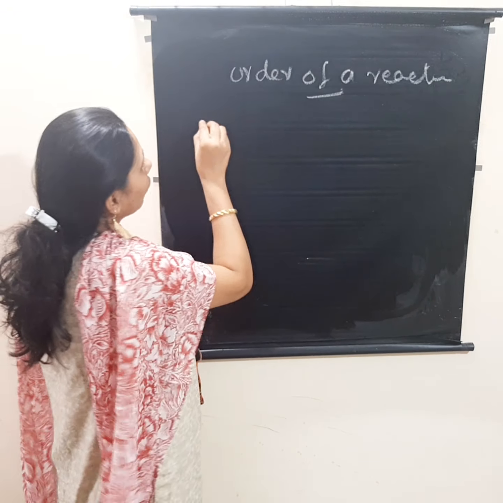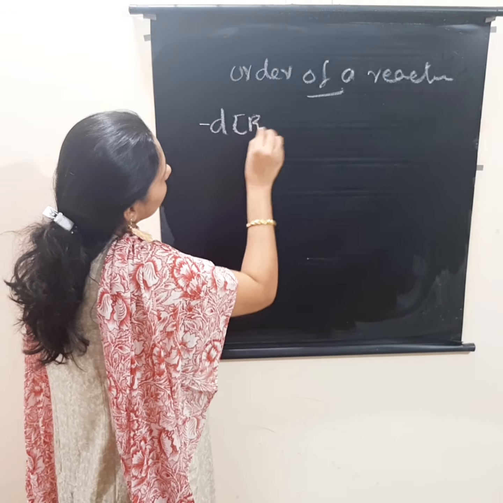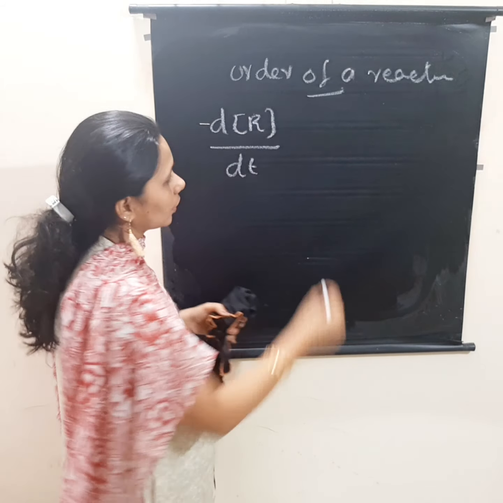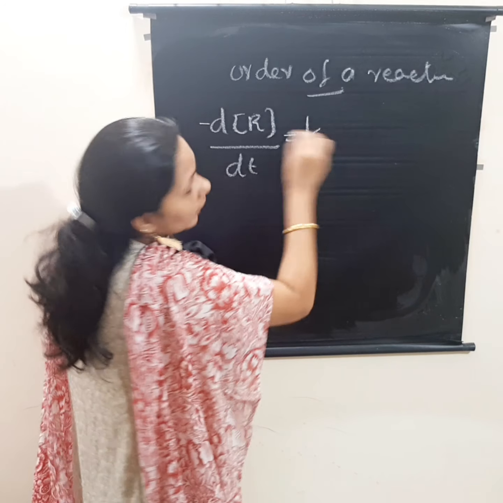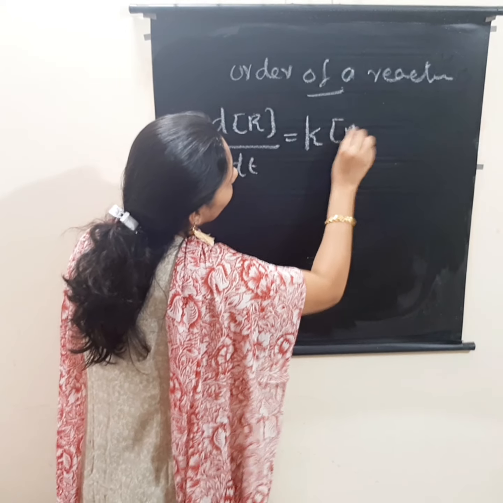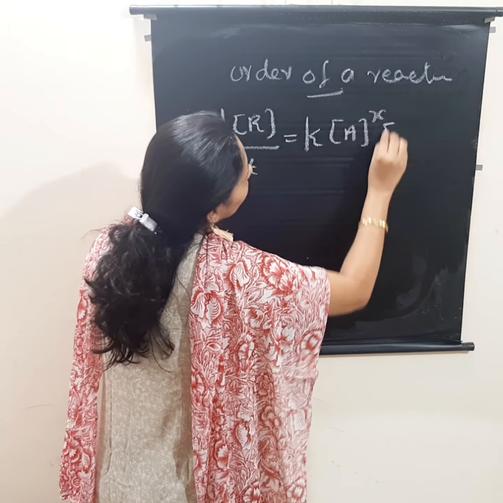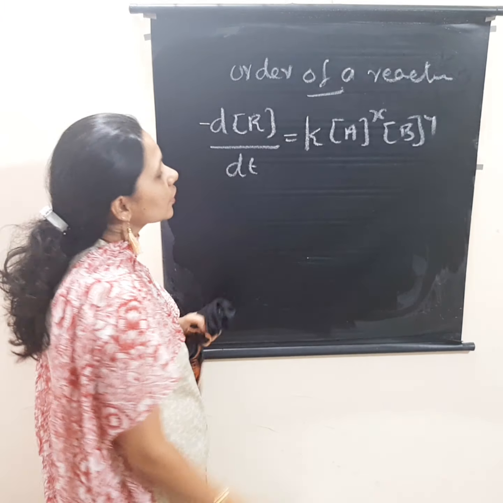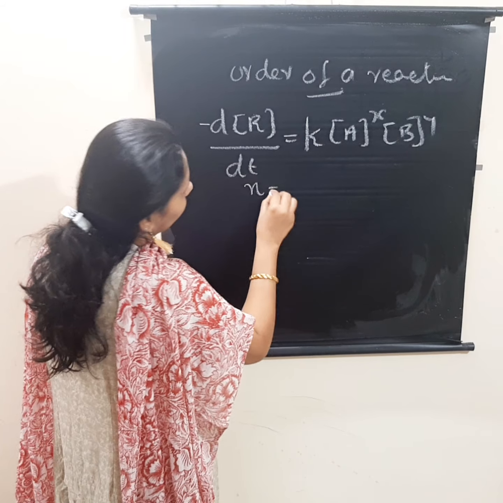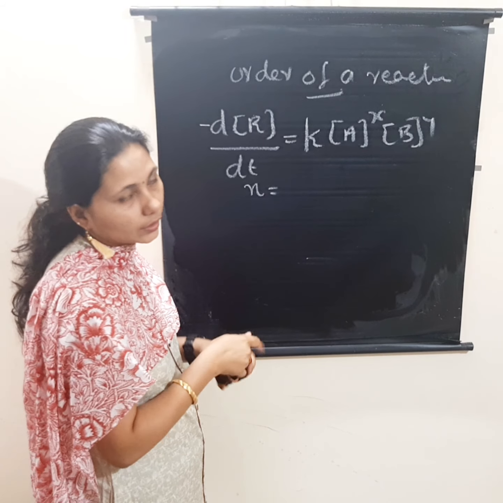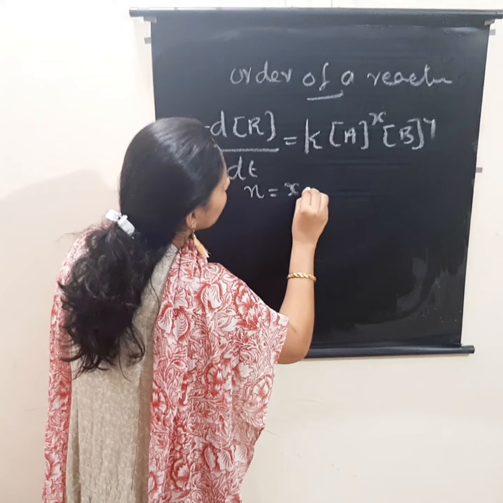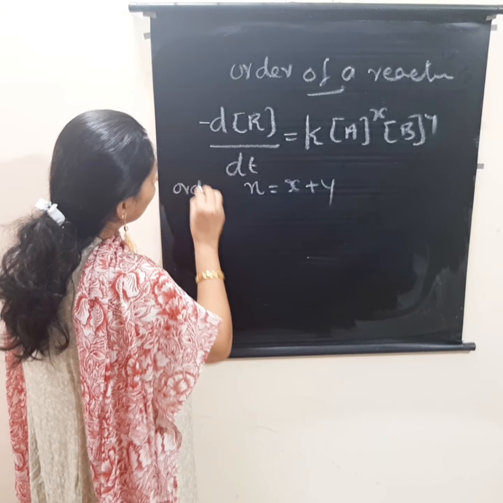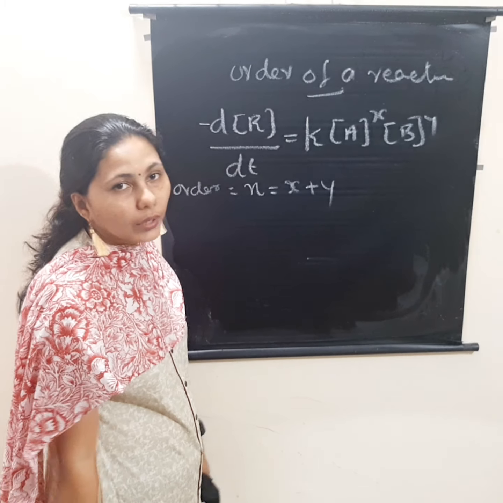We know the rate expression, the differential rate expression: minus dR by dt equal to k into concentration of A raised to x into concentration of B raised to y, right? Okay. So order is denoted by n. We can use the letter n equal to x plus y. So order equals n equals x plus y.